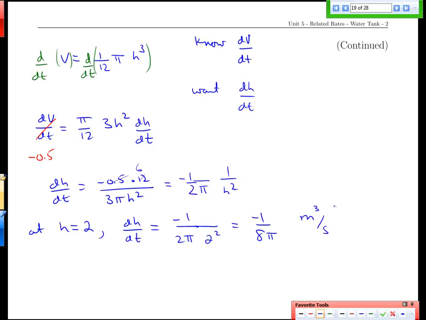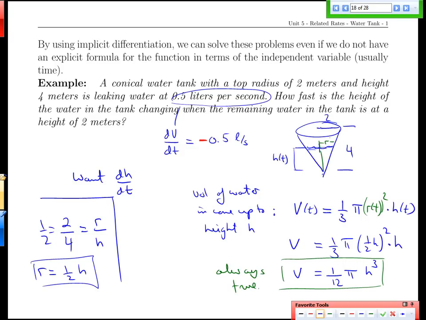Meters cubed per second or liters per second? In fact, we should take a step back, think about that for a moment, and we'll check the problem. All the units we had here were in meters, but the units of dV/dt were in liters per second. Okay.